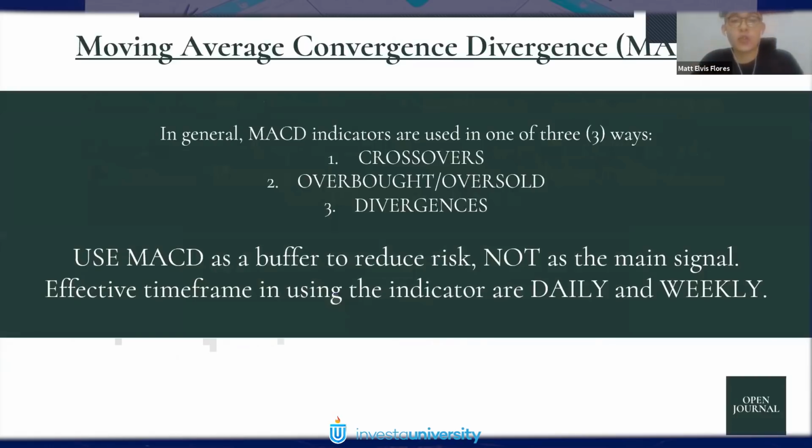Number two is for you to identify the overbought or the resistance level or the oversold condition or the support level. And then pangatlo, the use of bullish or bearish divergences using MACD as your indicator. Again, very effective yung MACD using weekly or daily time frame. Do not use it on the lower time frame, 1 hour, 30, 15, 5 minutes kasi hindi siya effective.